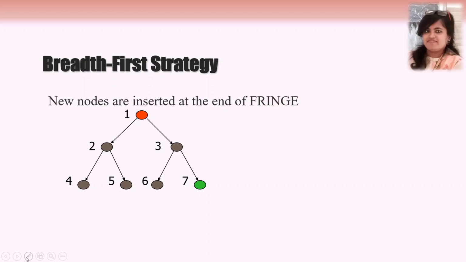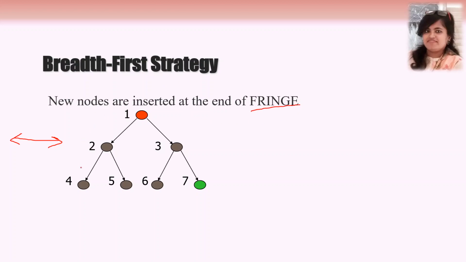So we will be searching the tree in this form, along the breadth. Now new nodes will be generated, the unexplored nodes, and they will be stored in the fringe.